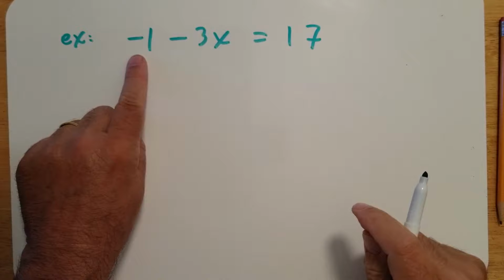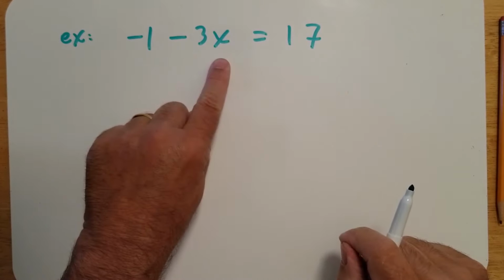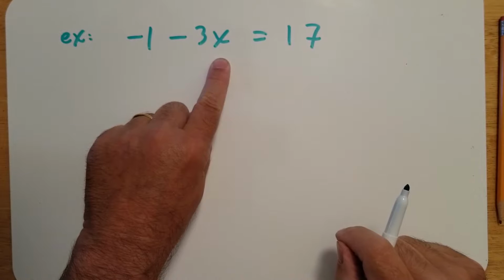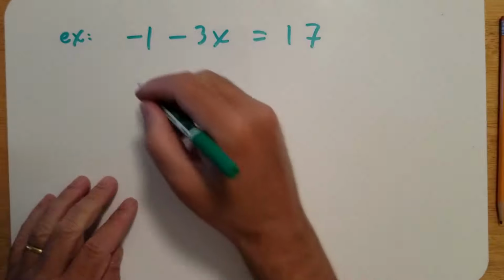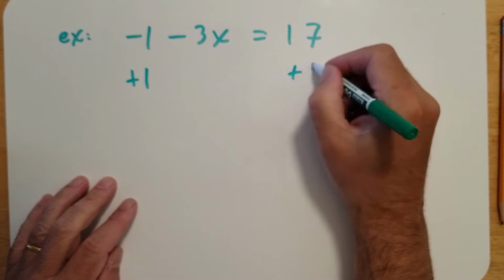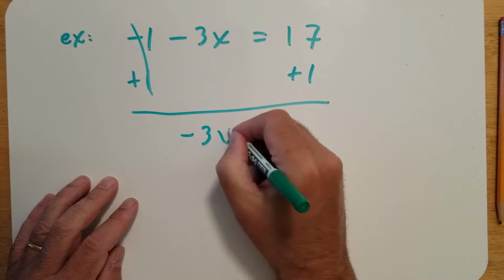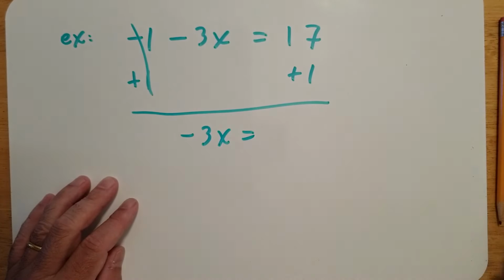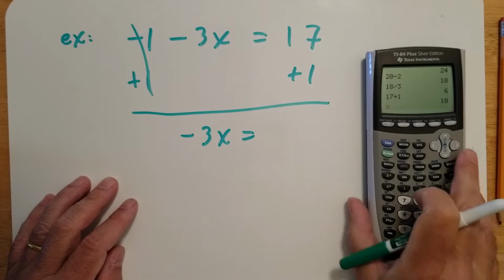So this minus 1 is actually being added or subtracted to x, and this minus 3 is the coefficient of x. So the first thing I want to do is get rid of this minus 1 by going plus 1 on both sides. These cancel off. I'm bringing down the minus 3x. 17 plus 1 is 18.